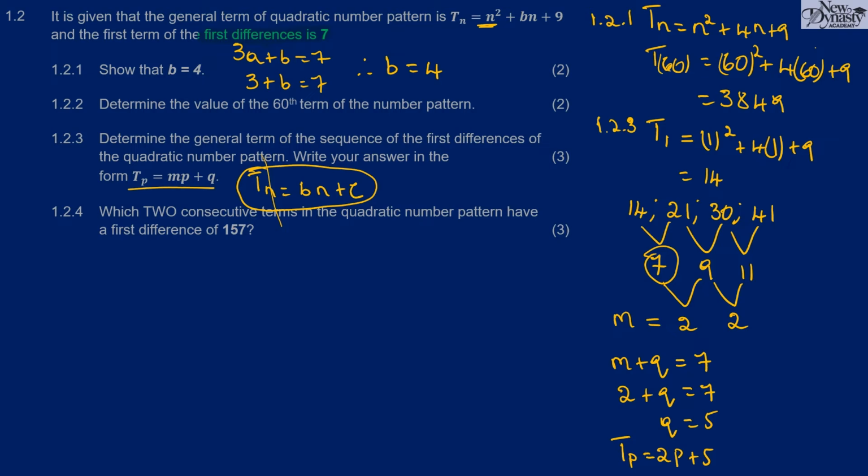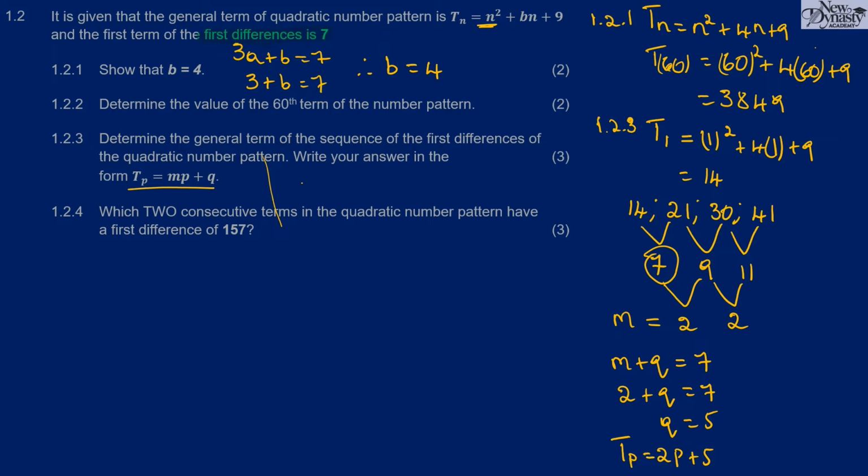Now, question 1.2.4, it says which two consecutive terms in the quadratic number pattern have the first difference of 157.